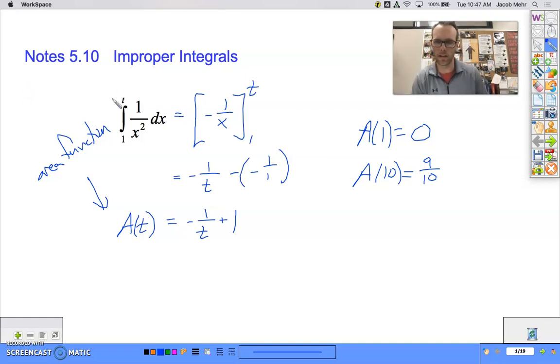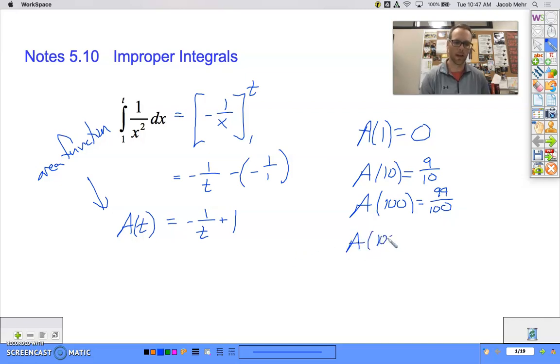But let's keep going. Where can this t go? Where does it end? Well, we can just keep going as far to the right as we want. Let's say I substituted in 100. Well, that would be negative 1/100th plus 1, so that would be 99/100ths.